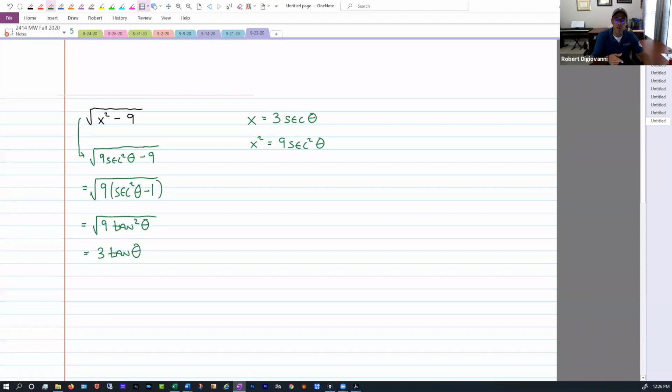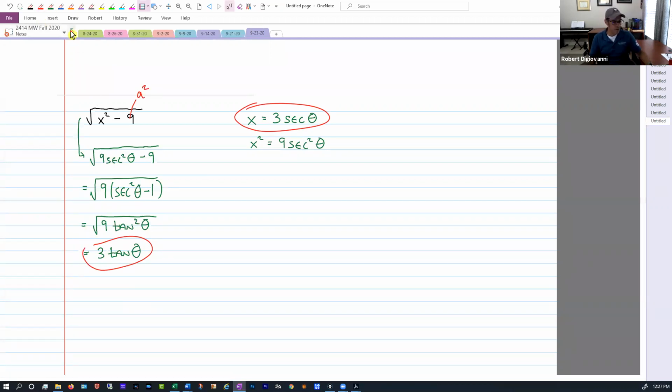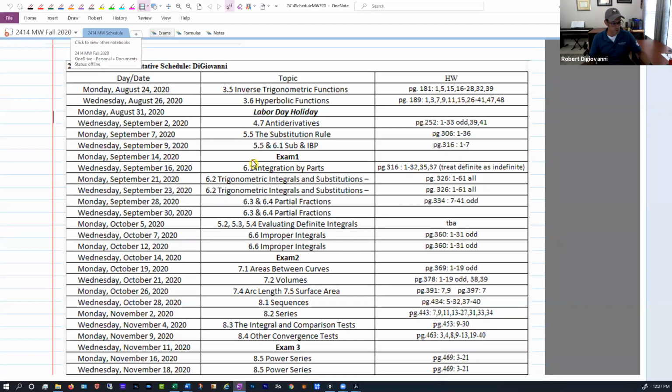And this would work for any number we have here, right? So this is now like our a squared. So it's the same formula we had before, but they're reversed, aren't they? They're like switched around. And if they're switched around, we do a different substitution and we get a different result at the end. So we go back to our formula sheets and we look at that.